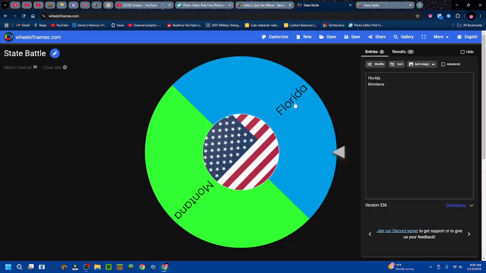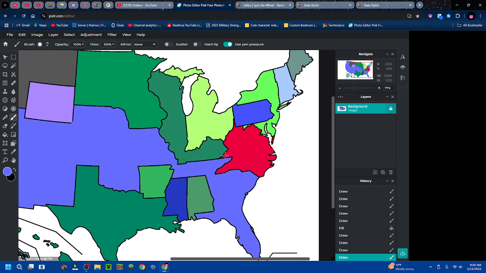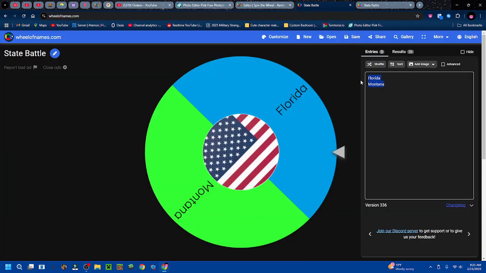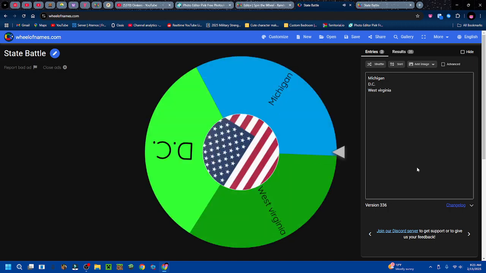They're now going to be doing something for the first time, and all they border is literally just Michigan, DC, and West Virginia.